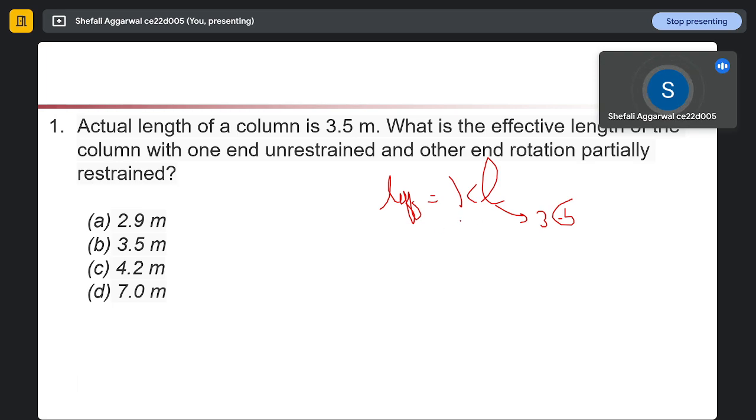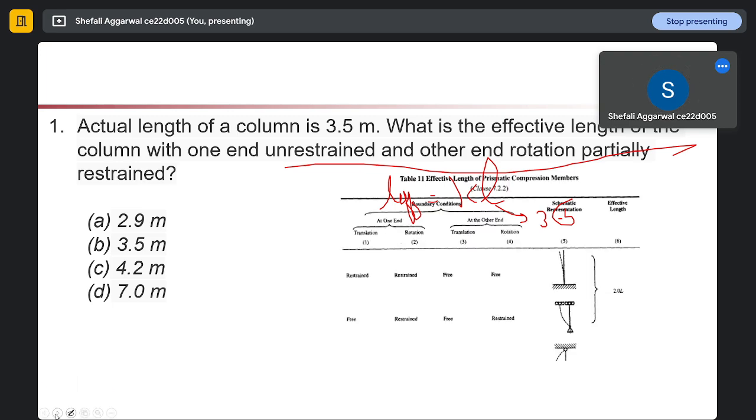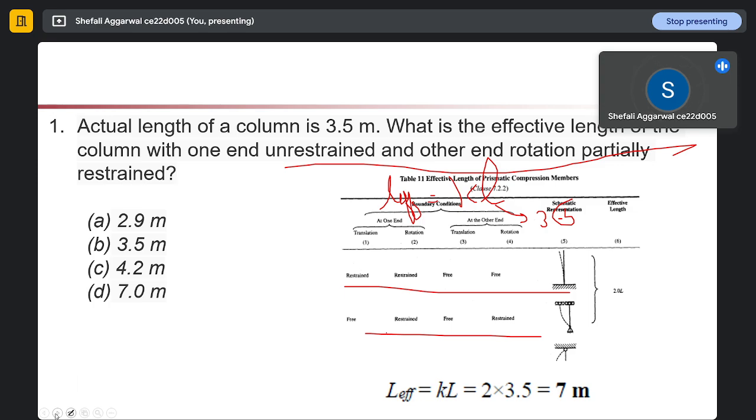And the other end is partially restrained. So for this case, what should be the K value? Here one end is unrestrained and the other rotationally partially restrained, so our L effective is given by 2 times L. Here our effective length factor is 2. So the answer is 7 meters. Okay.